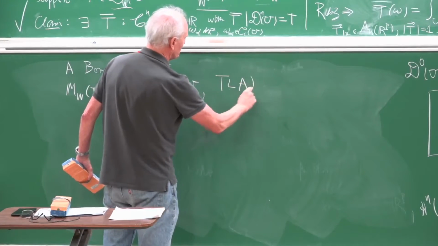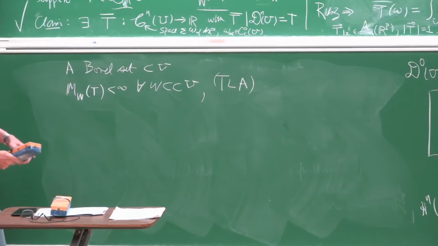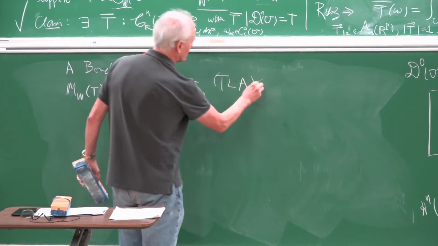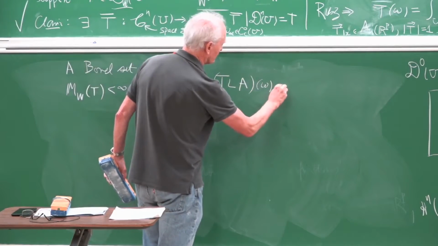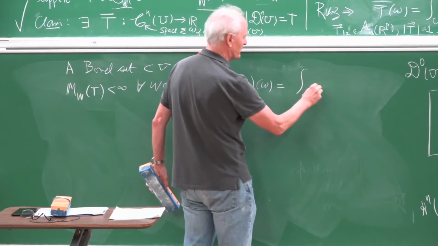You can define a new current that you get by, in the appropriate sense, restricting to A, which really is not quite the same as restriction to A, but that's what people typically refer to it as.